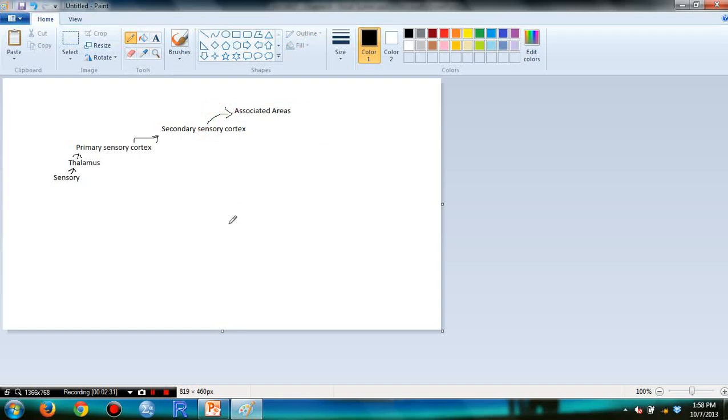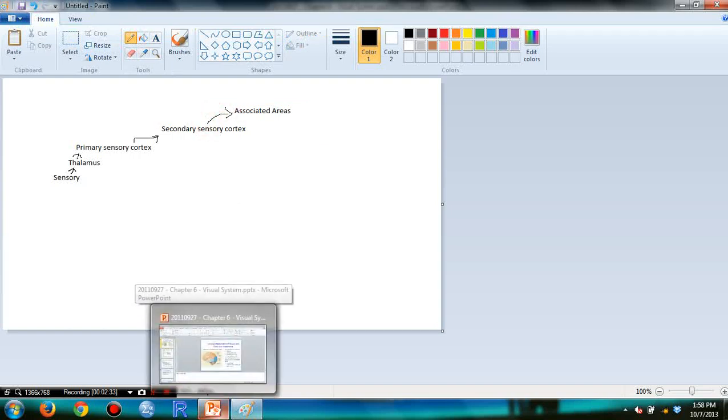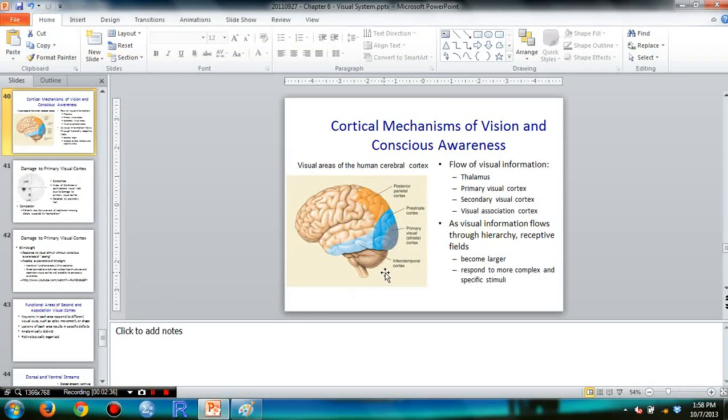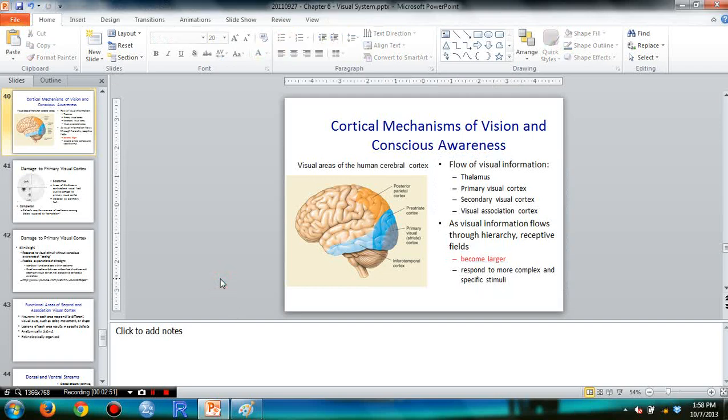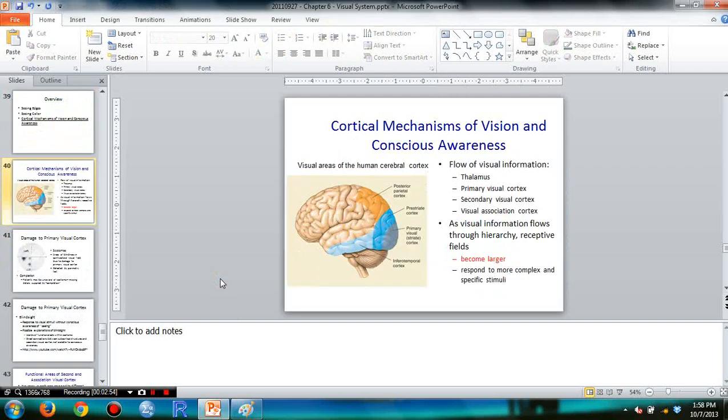And as we go through this hierarchy, the receptive fields become larger and they become more complex. Probably at our primary visual cortex, we have receptive fields that respond to something like this, which we've already talked about a lot.